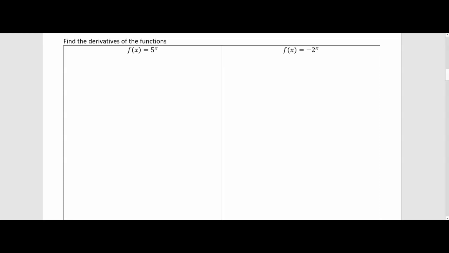Okay, so this first one, pretty straightforward. We only change the base. Let's rewrite the function. f of x is equal to e to the power of the natural log of 5 to the power of x. I can rewrite that as e to the power of x times the natural log of 5.